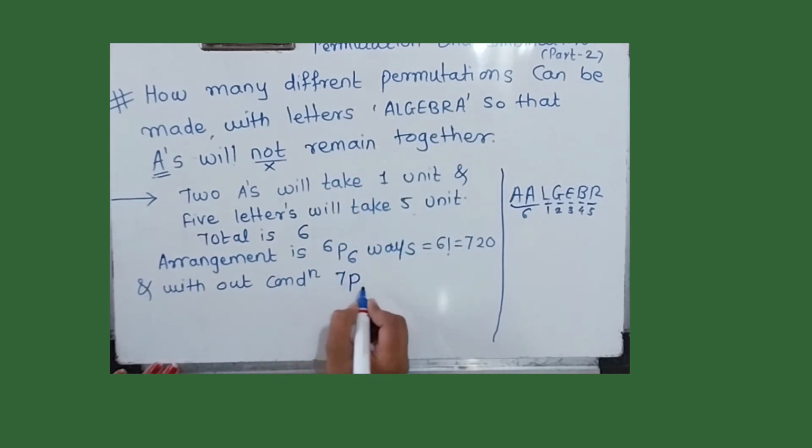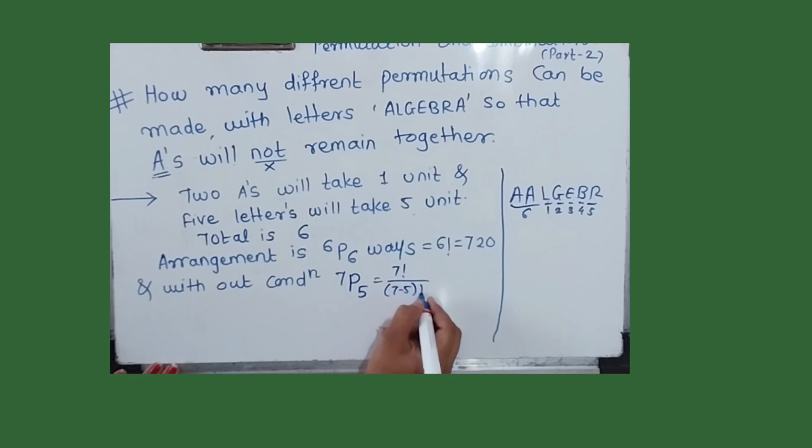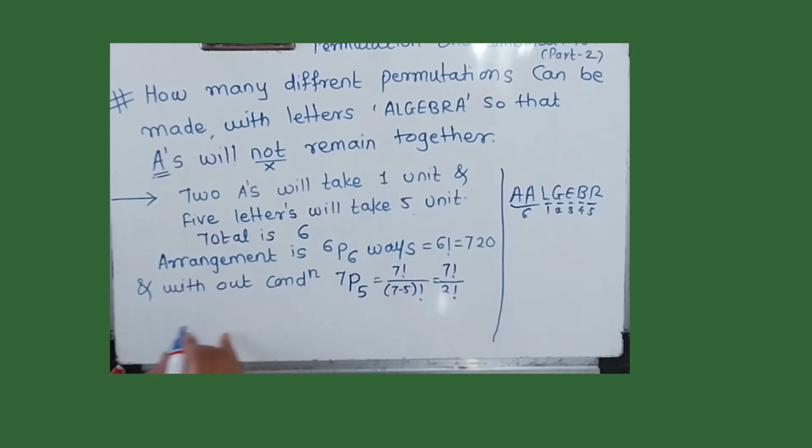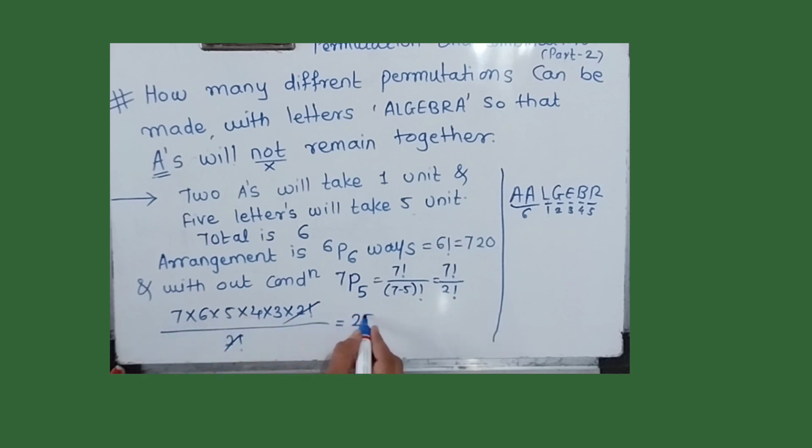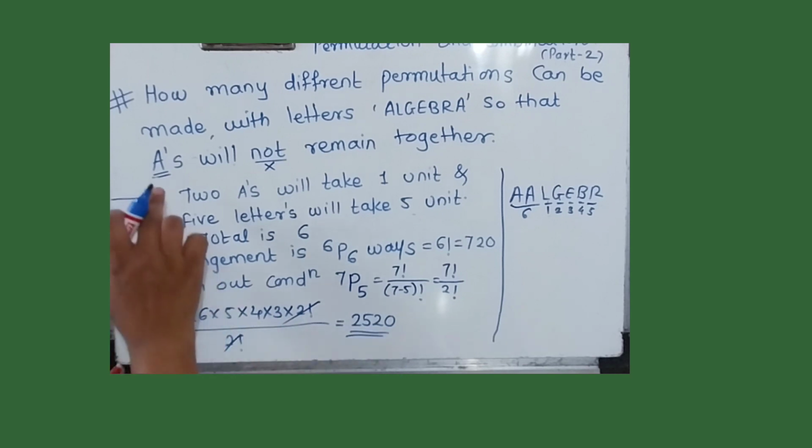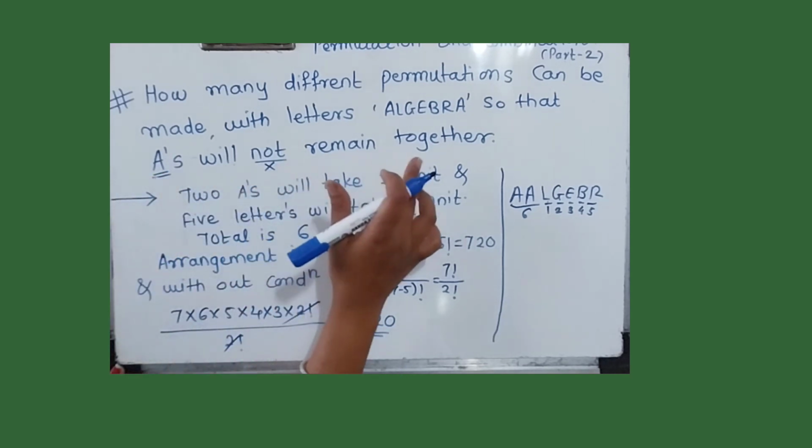So I write here 7P5. 7P5 means 7 factorial upon (7 minus 5) factorial, so 7 factorial upon 2 factorial. That is 7 into 6 into 5 into 4 into 3 into 2 factorial upon 2 factorial; 2 factorial gets cancelled, and the product of this is 2520. Clear?